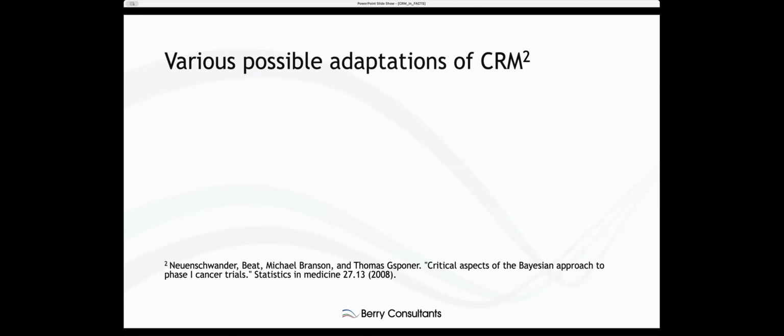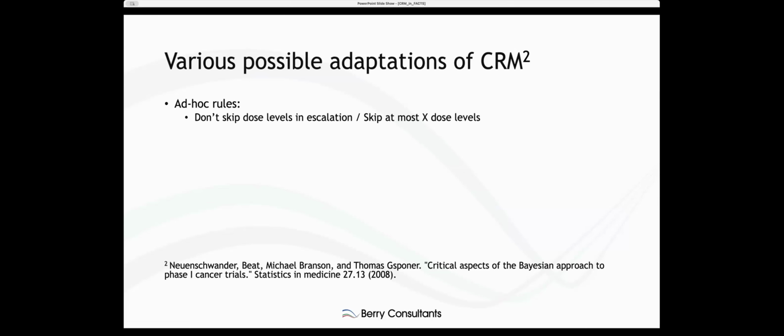And then there are many possible adaptations to this. There's a very good paper by Neuenschwander et al. where they argue that many of these adaptations are required to actually make CRM usable and feasible in practice. So some of these adaptations could be that we add so-called ad hoc rules. These could be don't skip dose levels in escalation, or skip at most X dose levels. What do I mean by that?